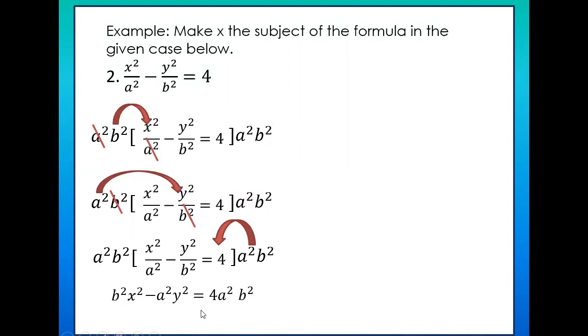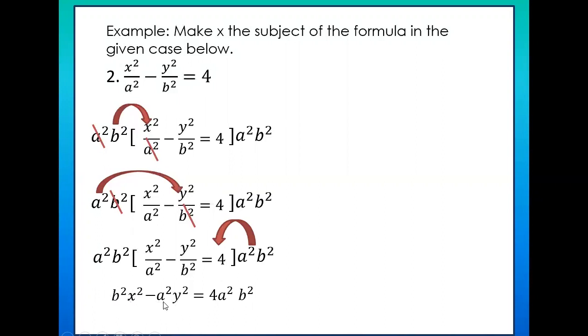But we're not yet done here because our goal is to have a formula for x in this case. So here, upon analyzing it, we have to remove your a squared y squared from this equation, leaving only your b squared x squared.